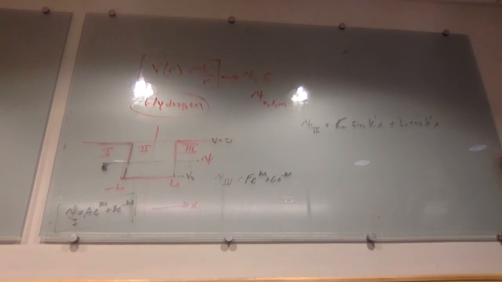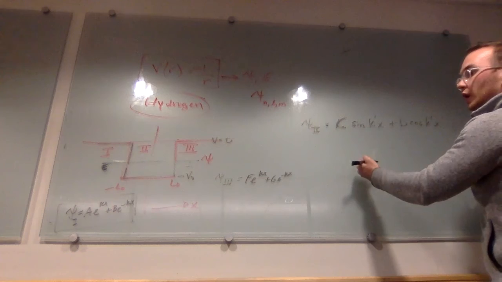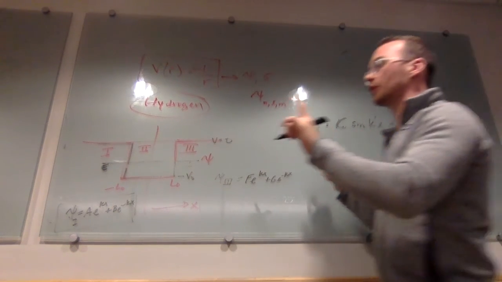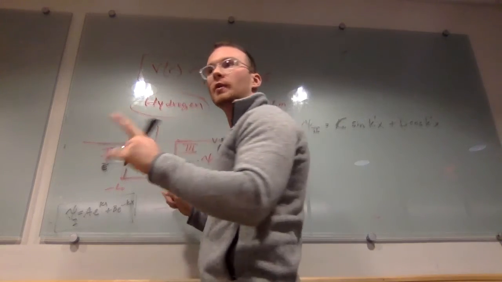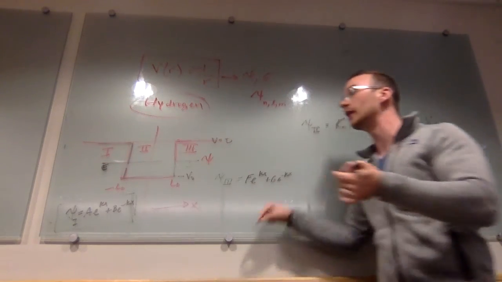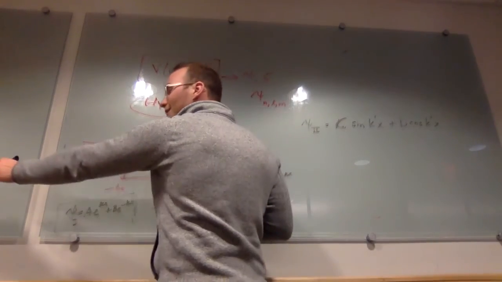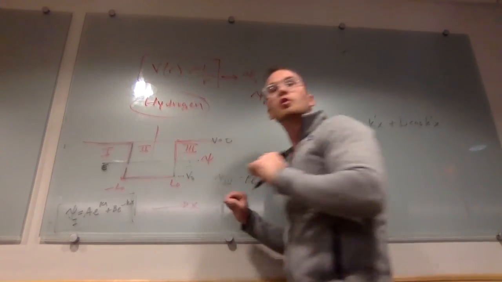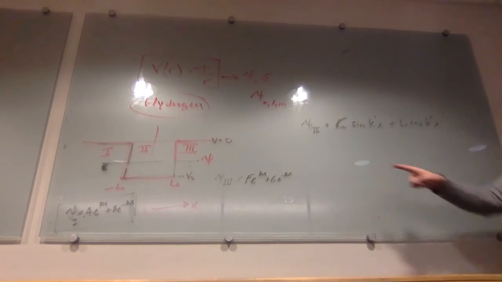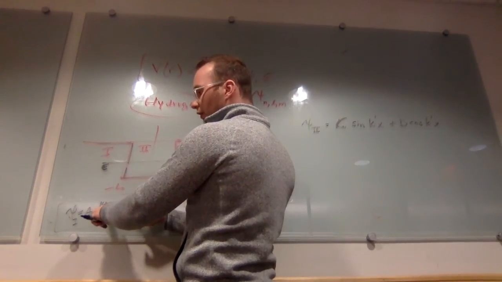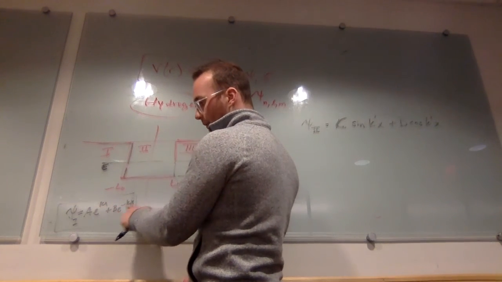Now we have to use the boundary conditions. Remember the boundary condition that was not stated explicitly anywhere, it seems? It's probably in the book somewhere, but that was the boundary condition we need to care about in regions 1 and 3: at infinity, the wave function must go to 0. We know that's true because there are 2 terms in here, and if we go to x equals negative infinity, what's going to happen to this term?